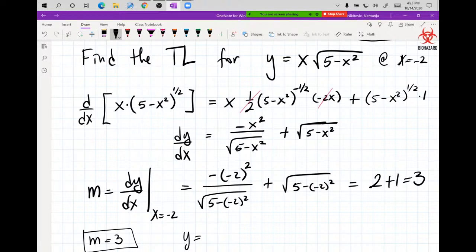And when that's squared, -2 squared is 4. So this becomes -4. So that's a -4 plus 1 gives -3. So the slope is -3. Very good, very good.